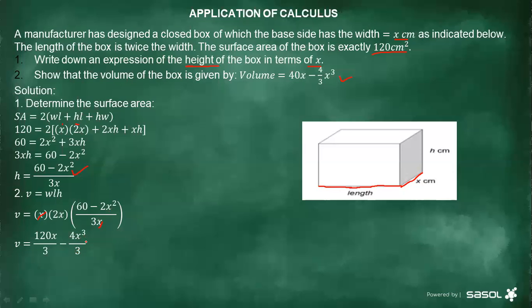So this is the volume that we are having. And then from there we simplify it, and it's going to give us 40x minus 4 over 3 x cubed. So that is what we were supposed to prove or to show. That is that. Let's proceed.